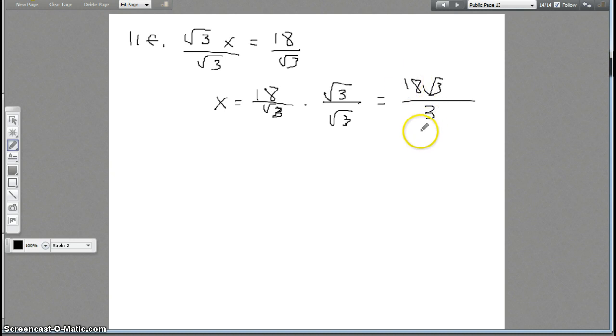And you can see that we can simplify our fraction here. We have 18 over 3. That simplifies to a 6. So this is going to be 6 root 3 for number 11, part F. And that is just like number 19 that I assigned for homework, which is the last problem in set 3.